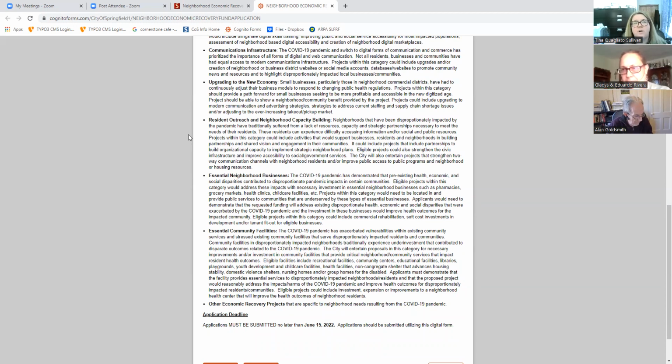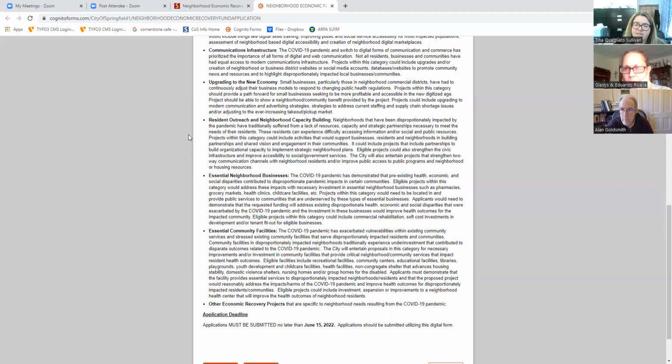So if there was a project or a plan that involved an entity or an organization building out that capacity or bringing in some professional expertise to help carry out neighborhood plans, that could potentially be a project that would be funded.